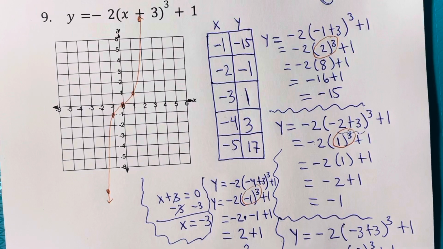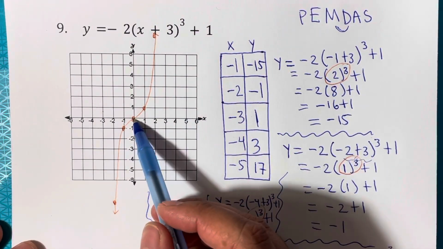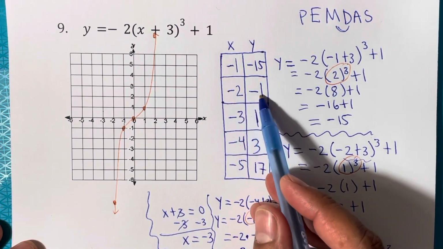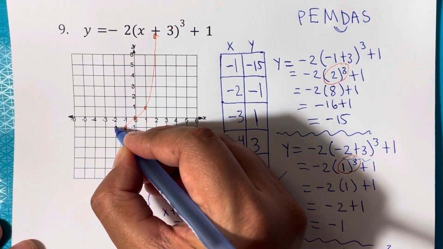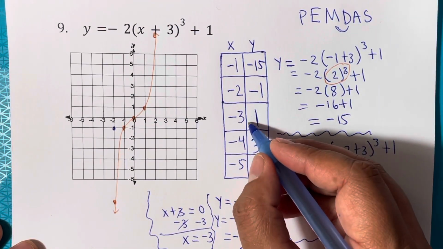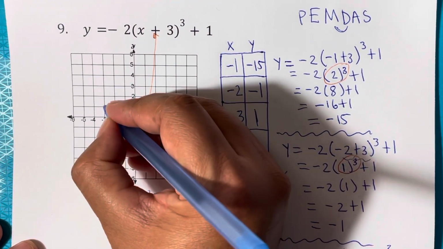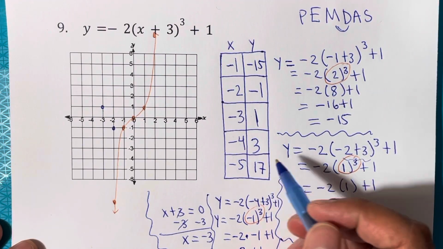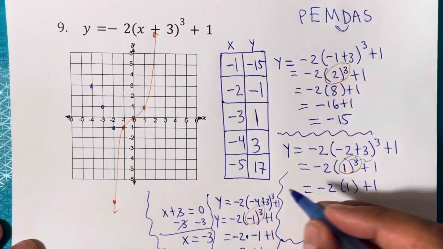Okay, now that we have the table, we can graph. -1, -15 is way down there, so we cannot graph it. -2, -1 is right here. Then -3, positive 1 is right there. -4, positive 3 is right there.